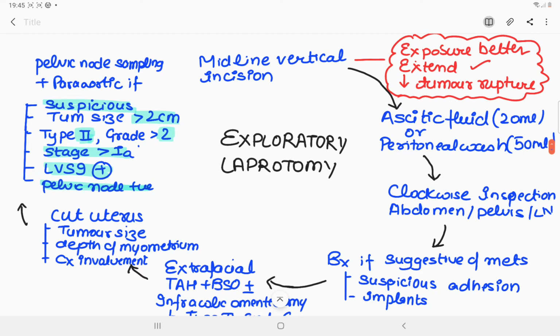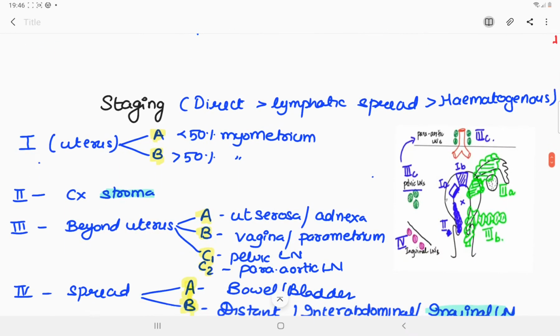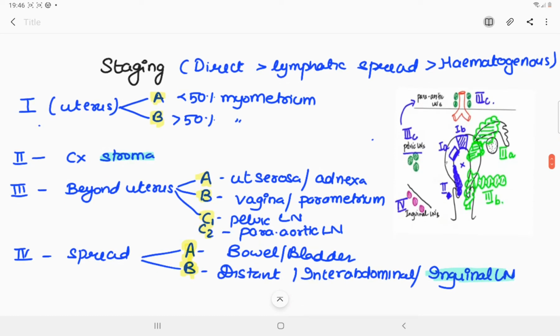Then we will do pelvic lymph node sampling, and para-aortic if the para-aortic nodes seem suspicious or the pelvic lymph node is positive. We have to remember other conditions by a mnemonic of 2: tumor size more than 2 centimeter, type 2, grade more than 2, stage more than 1A, and lymphovascular invasion. Direct spread of endometrial cancer is more common than lymphatic spread.